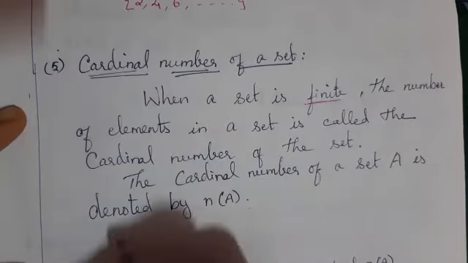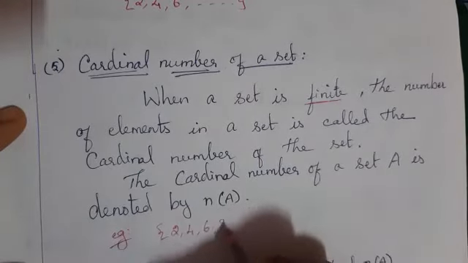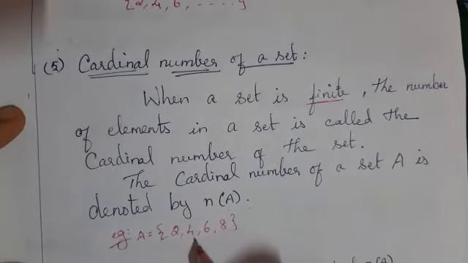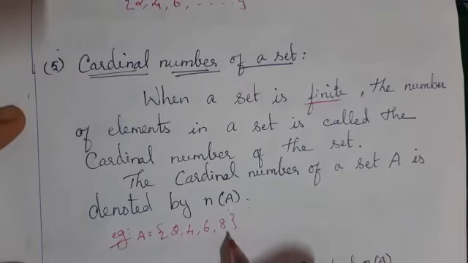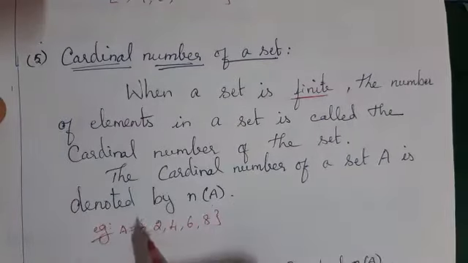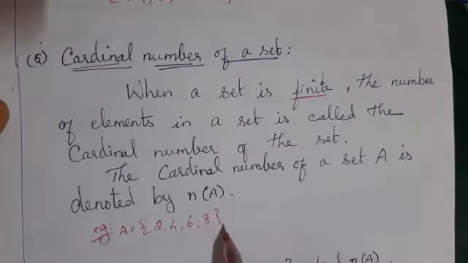For example, if you take one set, set A is equal to {2, 4, 6, 8}. Is it a finite set or infinite set? Yes, finite, because you can count how many elements are inside the set. How many elements are there? 1, 2, 3, 4.